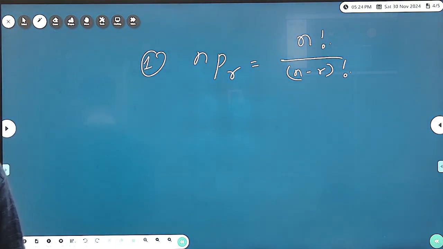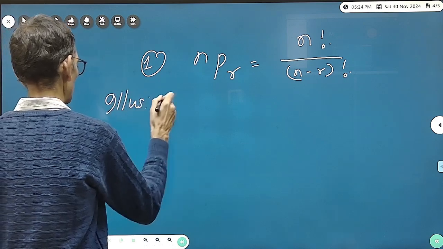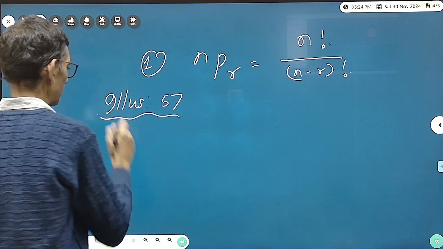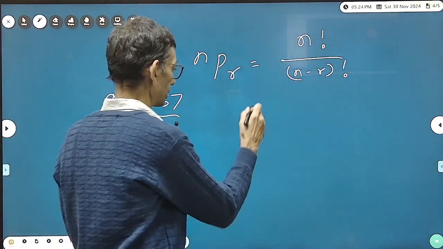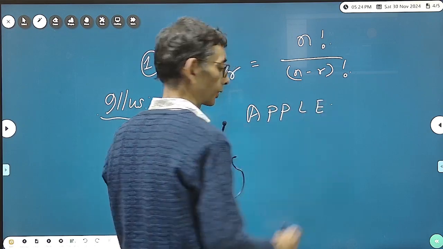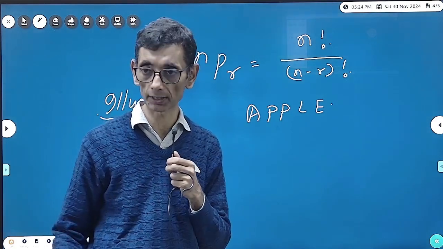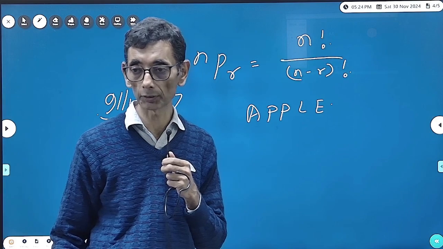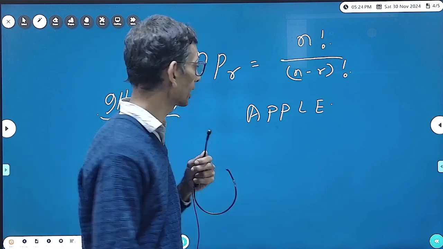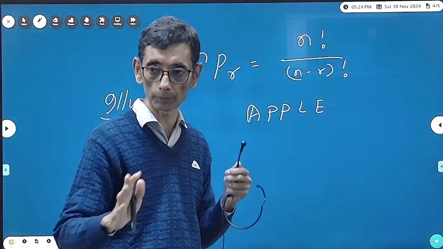Determine the arrangements which could be made from the letters of the word apple. A, P, P, L, E. The letters of the word apple means you have to take all the letters. It's not given that you have to take 2 letters or 3 letters. How many letters are there? 1, 2, 3, 4, 5. From the 5 letters, you have to take all the 5.